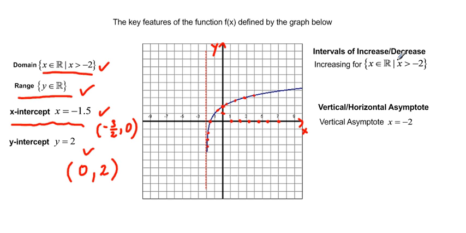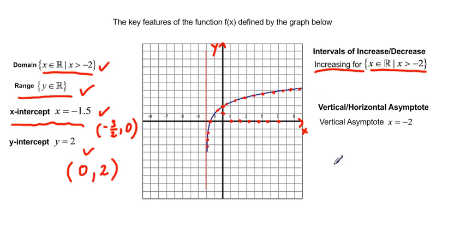Intervals of increase or decrease. As you read from left to right, you're moving up gradually, going up with the y value. So your conclusion is that this is increasing for the entire domain.